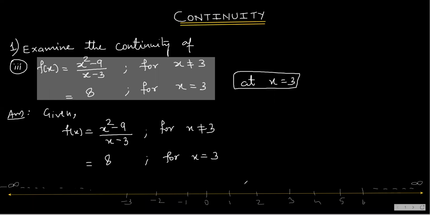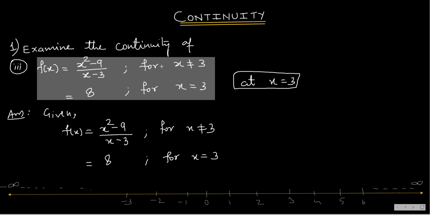So here, the question says the function is defined as f of x is x square minus 9 upon x minus 3 for x not equal to 3.